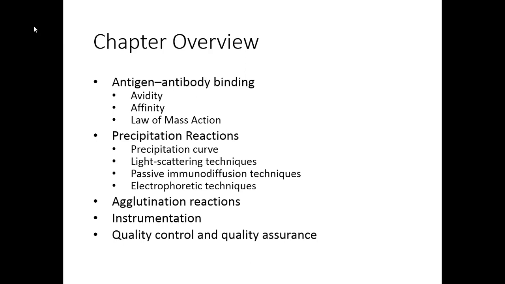Immunoassays are tests that have been developed to detect antigens or antibodies in the serum. Many are based on the principles that we're going to review today, called precipitation or agglutination.